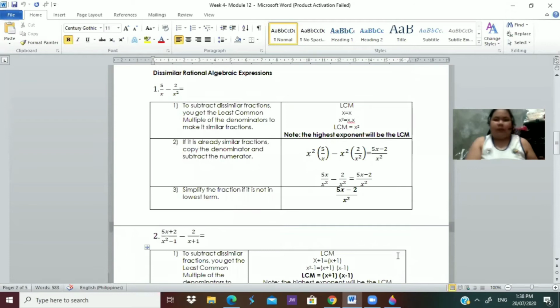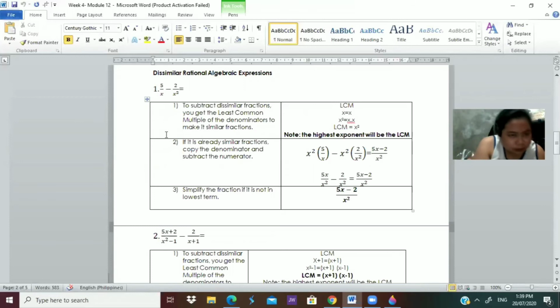Okay. So in subtracting dissimilar rational expressions, parehas lang siya sa pag-subtract ng dissimilar fractions. Okay, so kunin muna natin yung example number 1: 5 over x minus 2 over x squared.